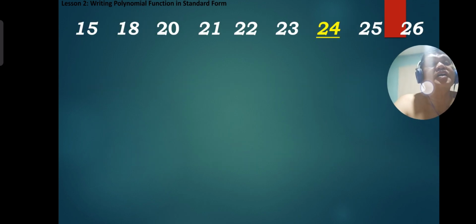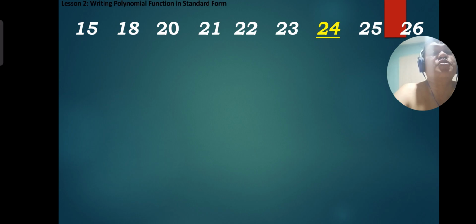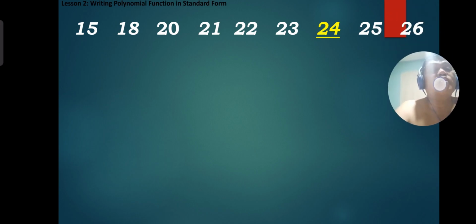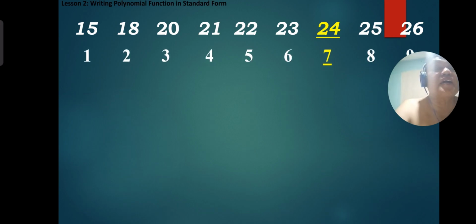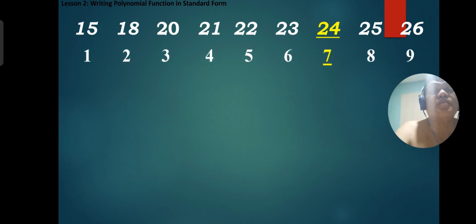And arrange the number of minutes in ascending order: 15, 18 to 26. And we assign their positions: 15 is 1, 18 is 2, 20 is 3, until 26 is 9.